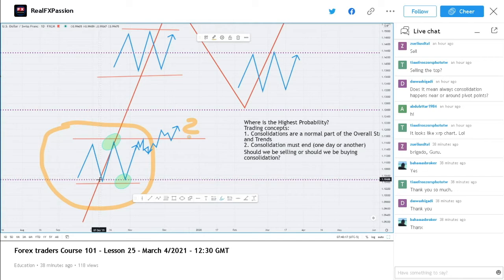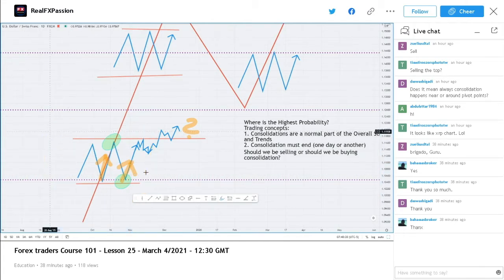So we were buying, right? We were buying because this consolidation is part of the up structure, the up market wave. It went through, it broke out of consolidation. So is it wise to buy in here?